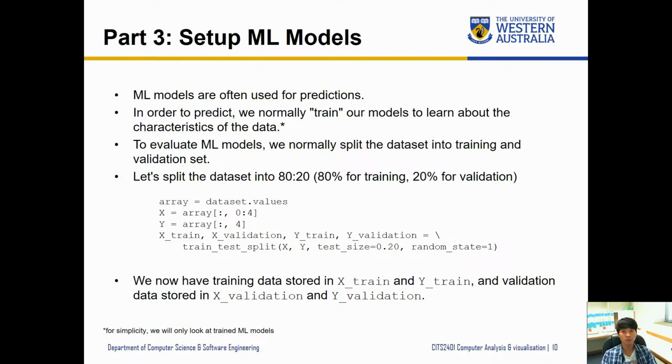To evaluate those machine learning models, we will not use the whole data set, but chop it into pieces and use a small portion for evaluation and the rest for training. That's for validating whether our model works accurately or not. Normally we split it 80-20, where 80% gets used for training and the other 20% gets used for validation.